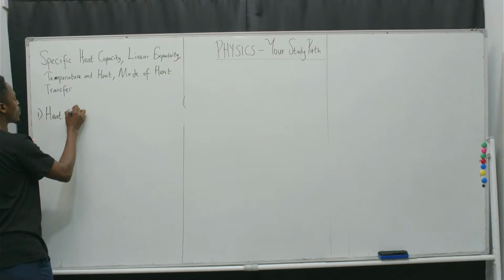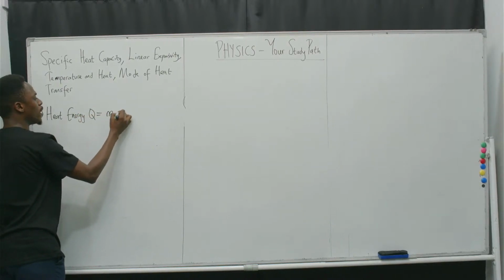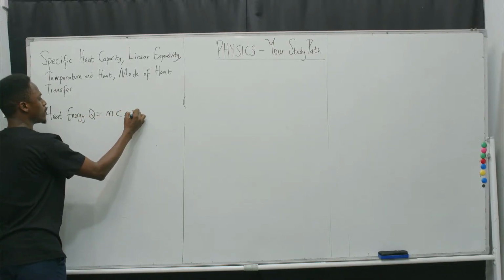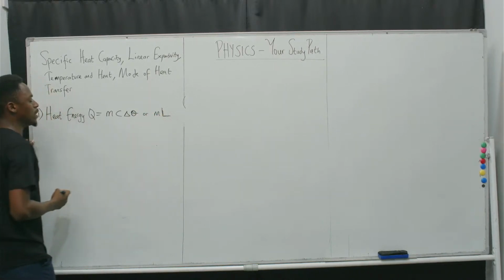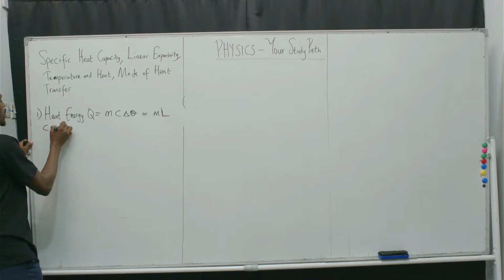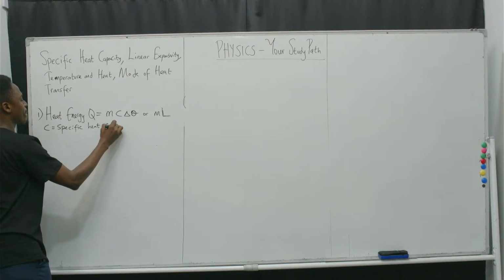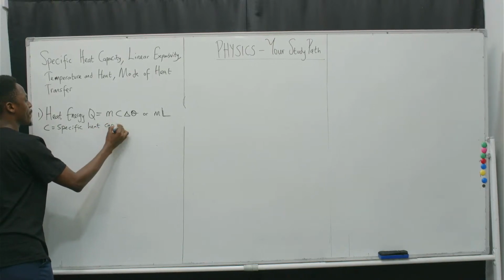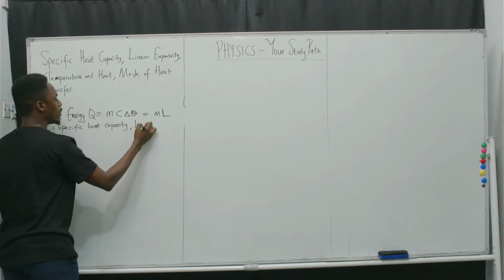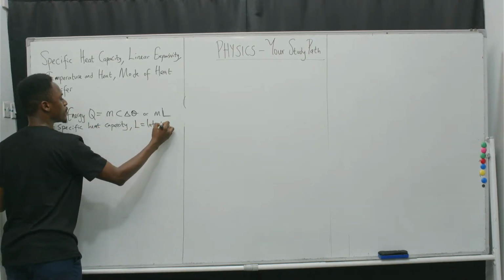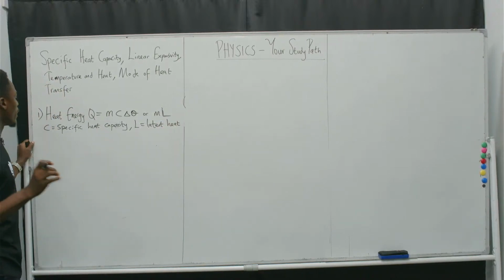You could be asked to calculate heat energy, Q, which is under the formula Q = mcΔθ, or you have Q = mL, where L is the latent heat and c is the specific heat capacity, and L is latent heat either of fusion or of vaporization.